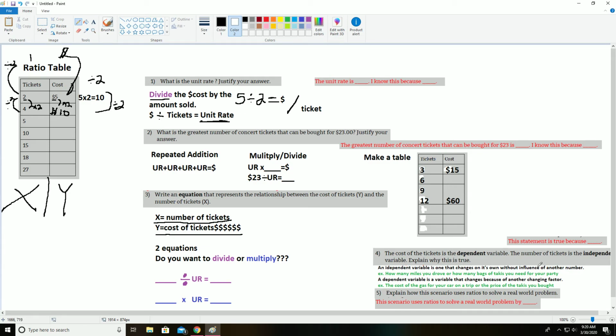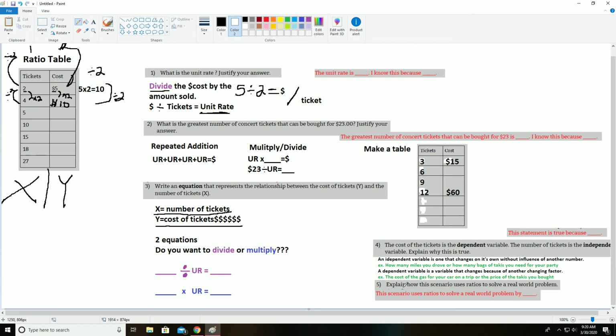All right, you can explain how you know that this is true by using this sentence from here. This statement is true because, and you can explain how you know, the cost, which is the dependent, and the number of tickets, which is the independent.